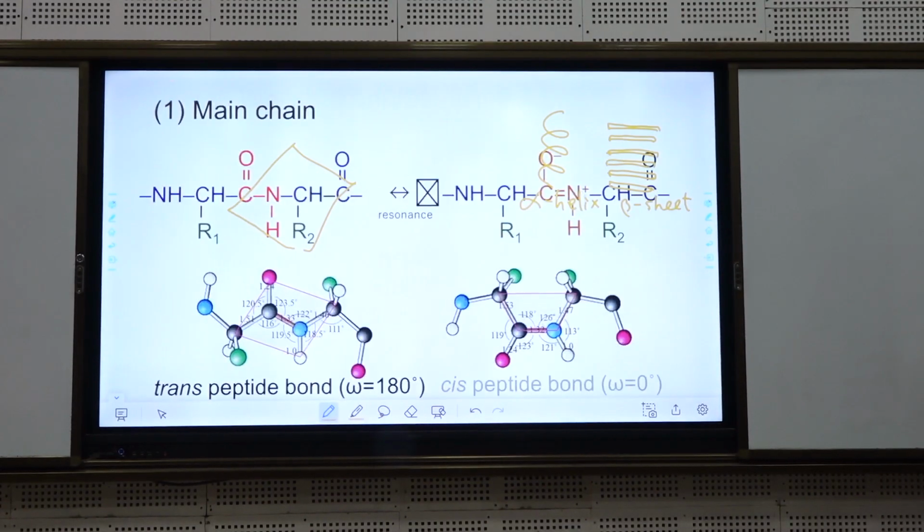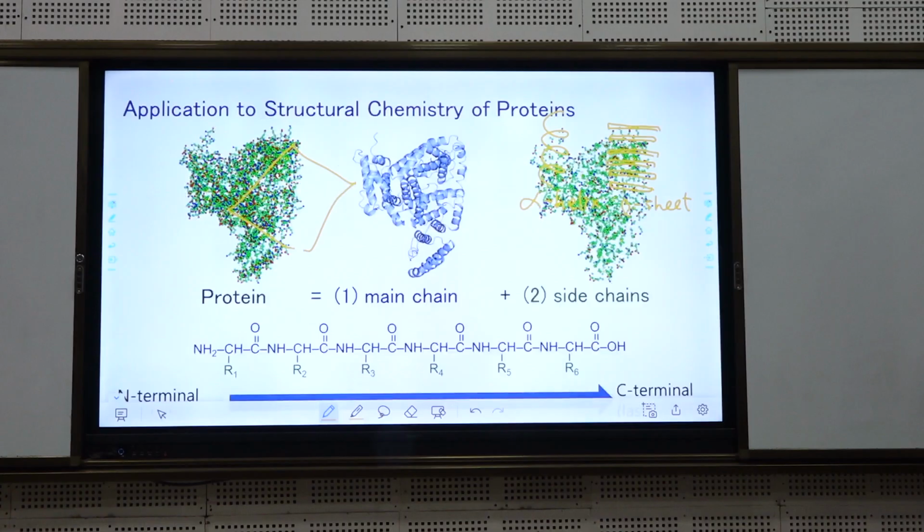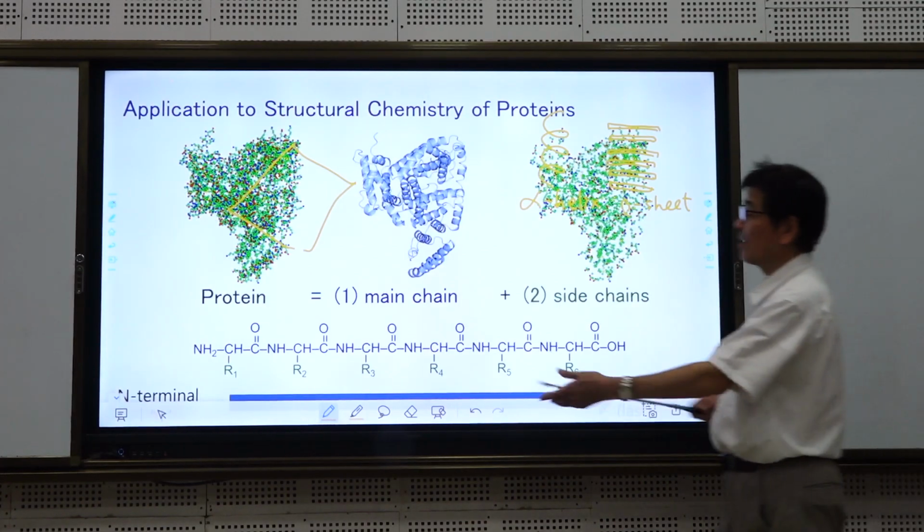I might have forgotten to introduce the definition of the direction of the peptide main chain.